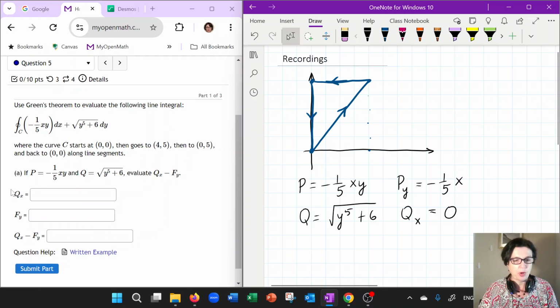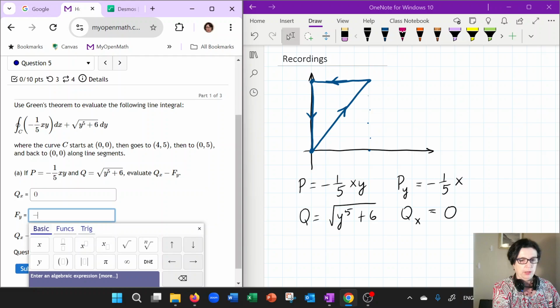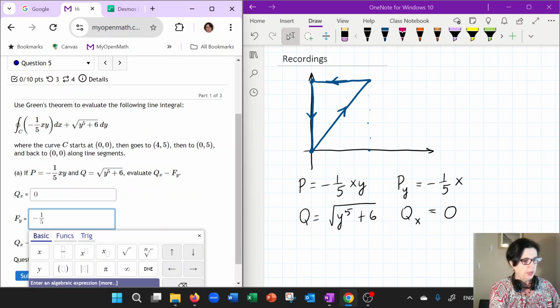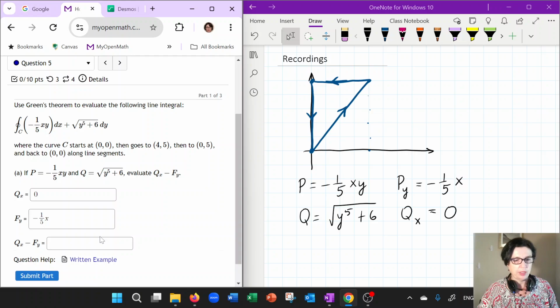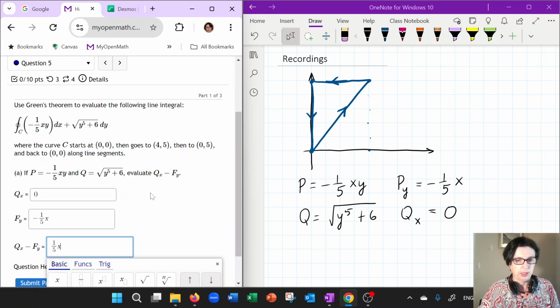And then when you subtract them, this will be 0 minus negative 1/5 x, so that would be positive 1/5 x.